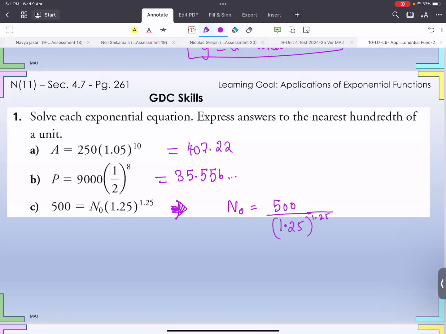Or we can first calculate this bit here, get a numerical value and then divide it out. Either works. So try that out. That should be 378.2966 something, okay?